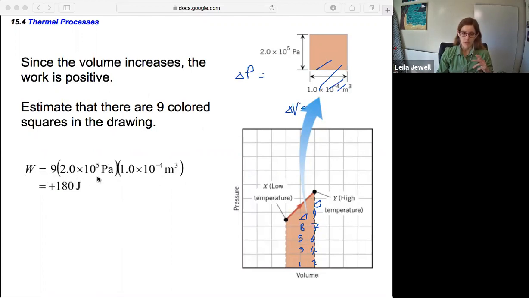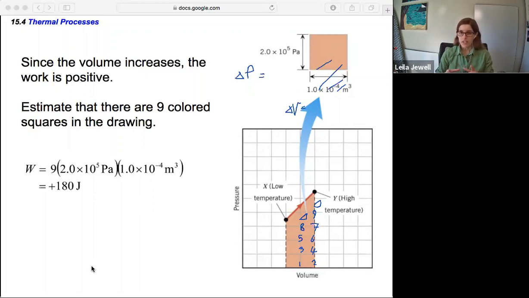So the 2.0 times 10 to the 5th pascals times 1.0 times 10 to the minus 4th cubic meters. Now if you multiply that out, it comes out to 180, once again, joules, and it again is positive because the volume has increased, because it has expanded. We would have to add in a negative sign if instead the system had been compressed.